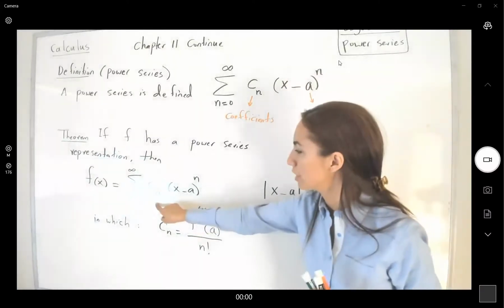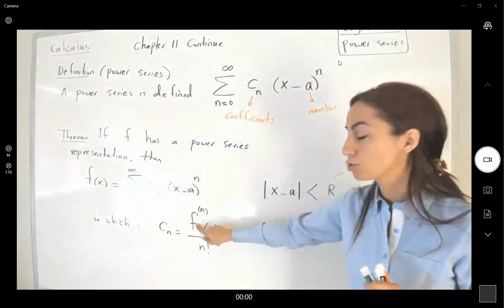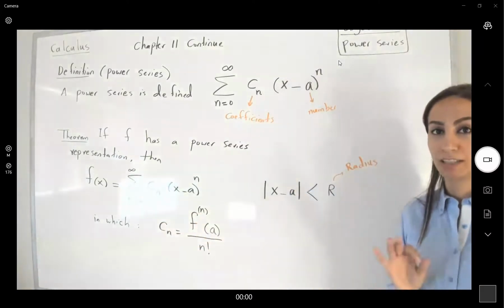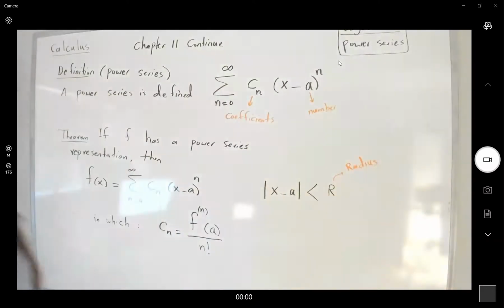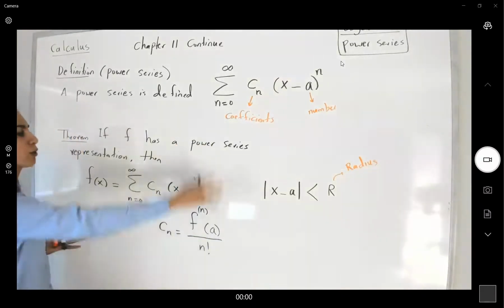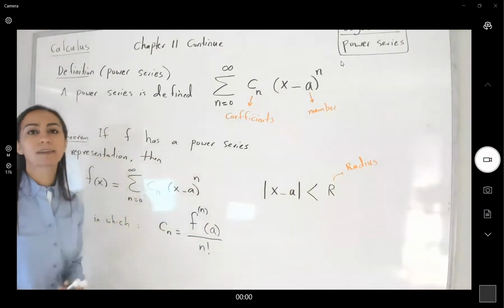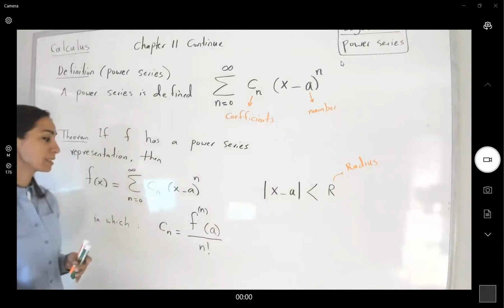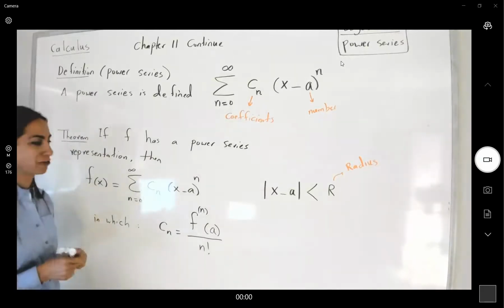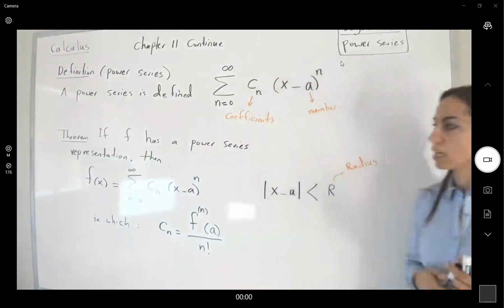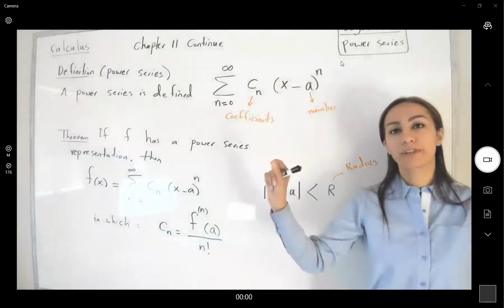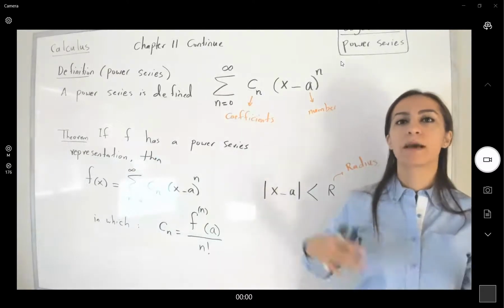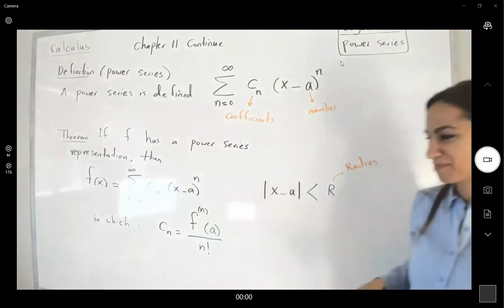And these coefficients are all related to the derivatives of function f. So this power series representation is called the Taylor series for function f. If the center is at the origin, at 0, we call it a Maclaurin series.